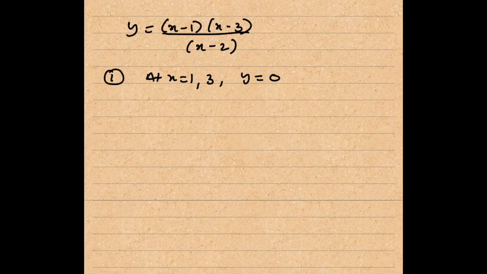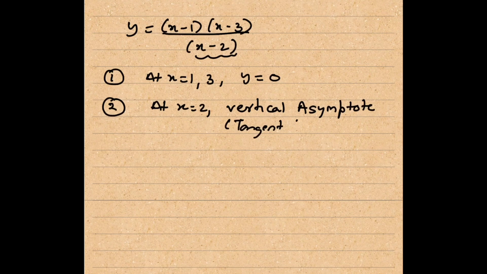So the graph should pass through these 2 points. Also, we notice that at x equal to 2, there will be a vertical asymptote. A vertical asymptote is a tangent to the curve at infinity. Means this graph will never touch the line x equal to 2.